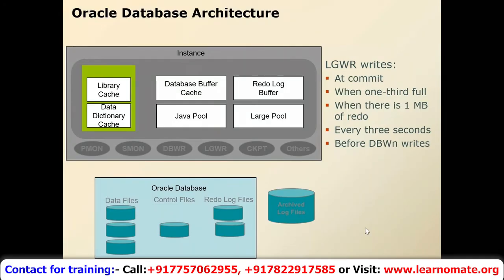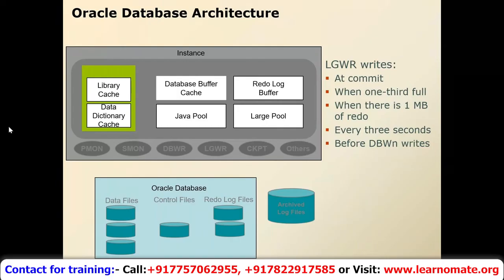Now how the flow happens is, suppose you update any row. You execute the command update emp set salary equal to x 1000. So it becomes a dirty buffer. When you execute this, that particular record or buffer gets written into the database buffer cache.